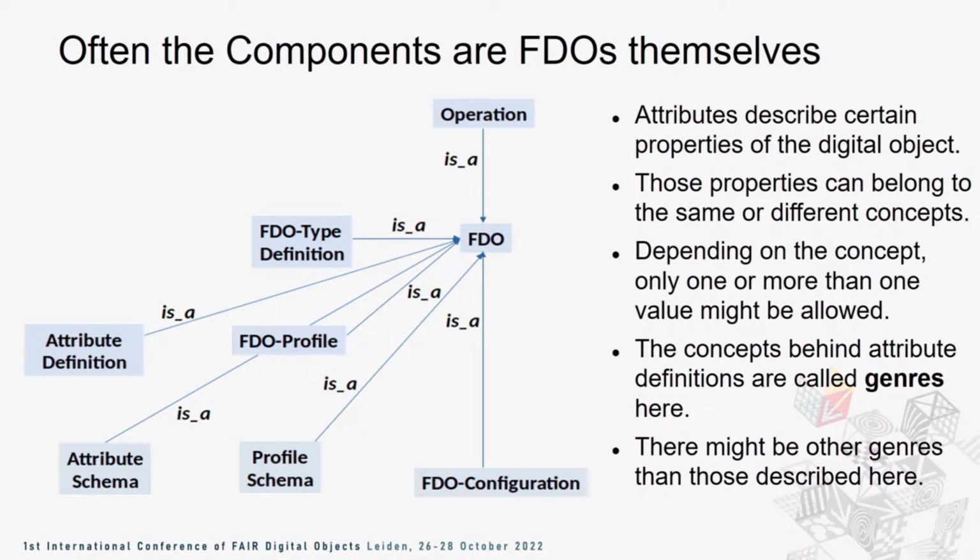One can imagine that in some cases these are only given once. In other cases, they can be given multiple times. They have, as I said, different roles, and they are used in different contexts.